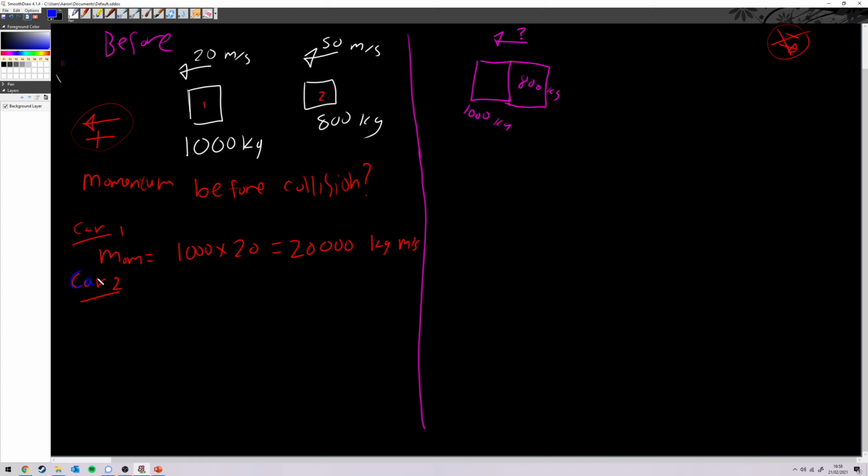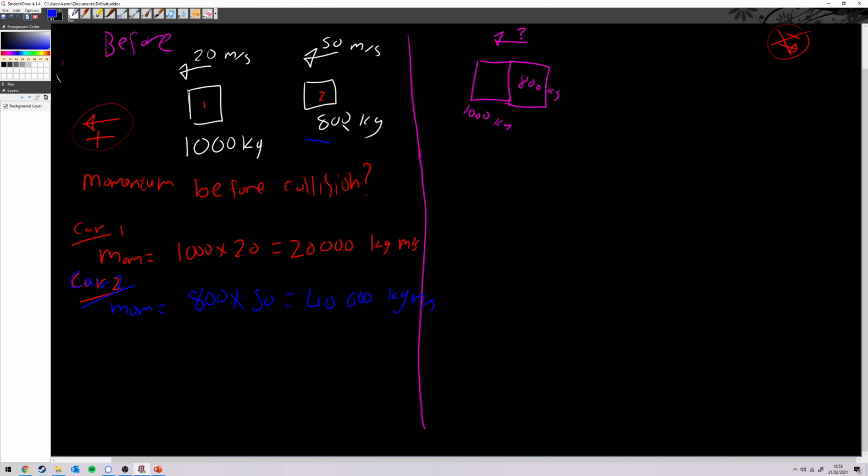So car 2. Well, the momentum equals, it's got 800 kilograms, and it was going at 50 meters per second. So car 2 had a momentum of 40,000 kilogram meters per second.